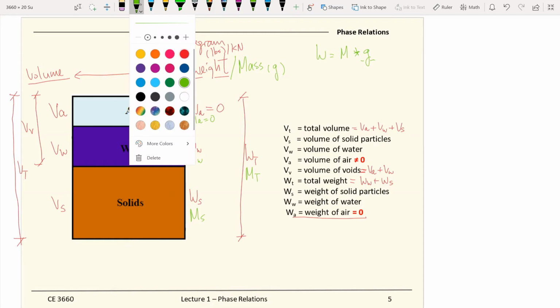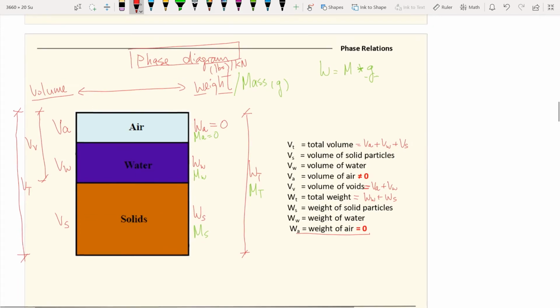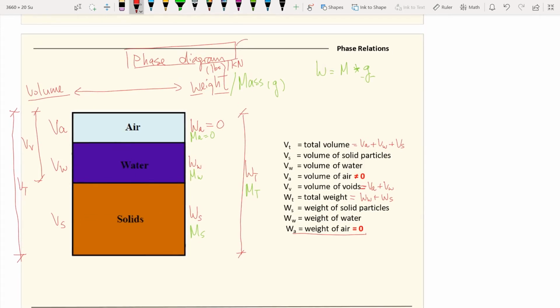So we learn about this phase diagram. A phase diagram is very important. One more time, it is used to link or relate the information between the volume and weight.